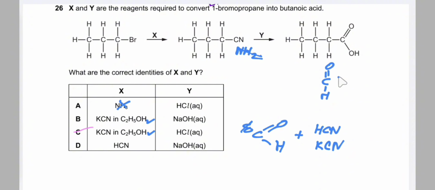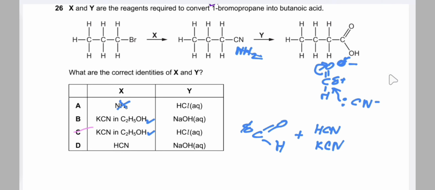Here the carbon is delta positive and oxygen is delta negative. So what occurs is that the CN nucleophile is attached to this carbon, and here the bond is broken.